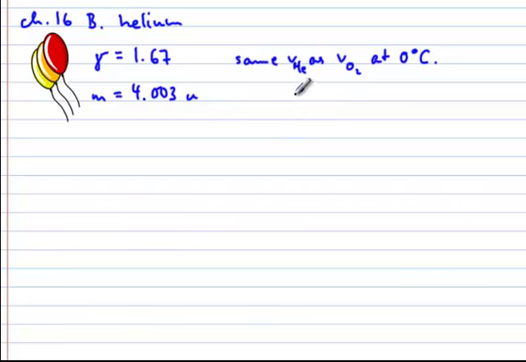So this one here therefore says V helium at some temperature T equals V O2 at 0 degrees Celsius. And it asks for what that temperature is.